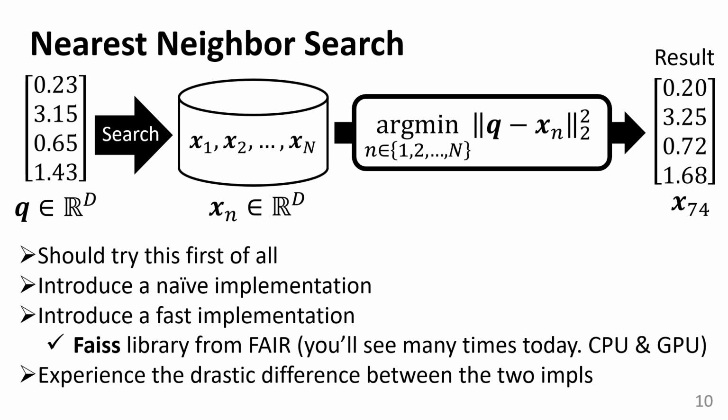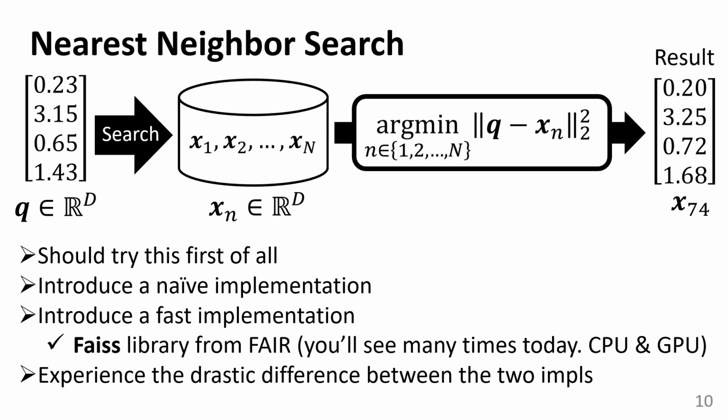First of all, you should try nearest neighbor search without approximation, because recent libraries are really fast. I first introduce a naive implementation, then a fast implementation from the Faiss library from Facebook AI Research. You'll see it many times in my tutorial today, because it's super fast. I want you to experience the drastic difference between the two implementations.